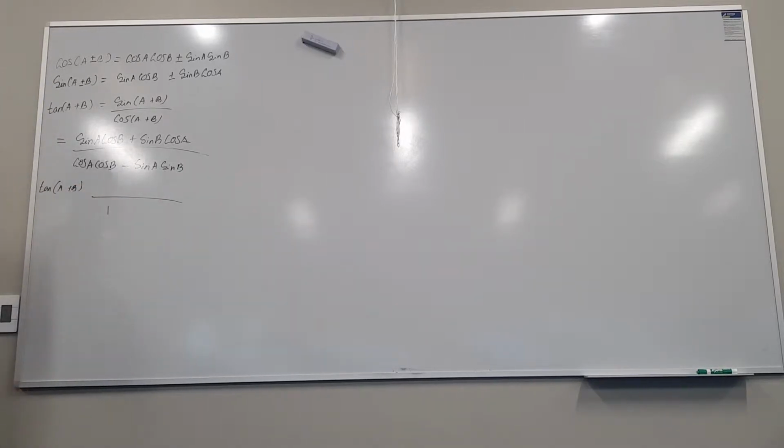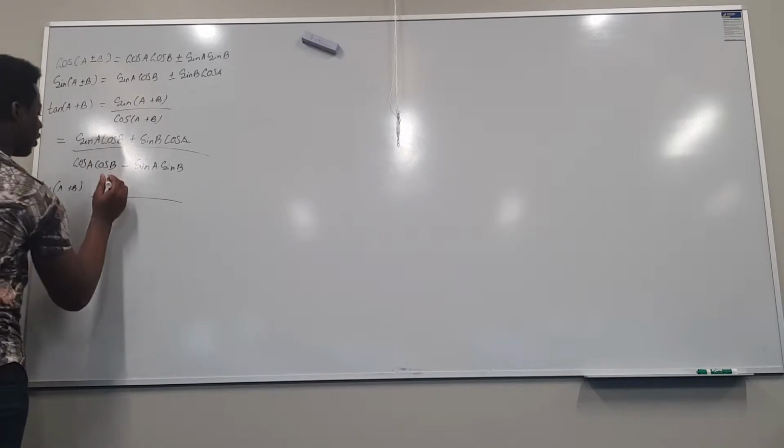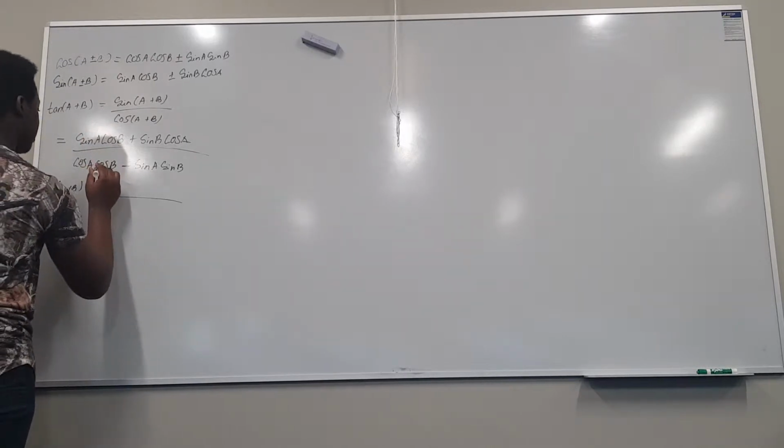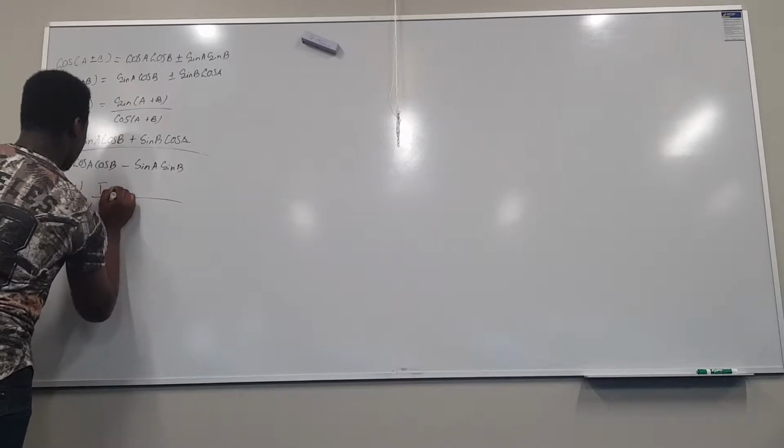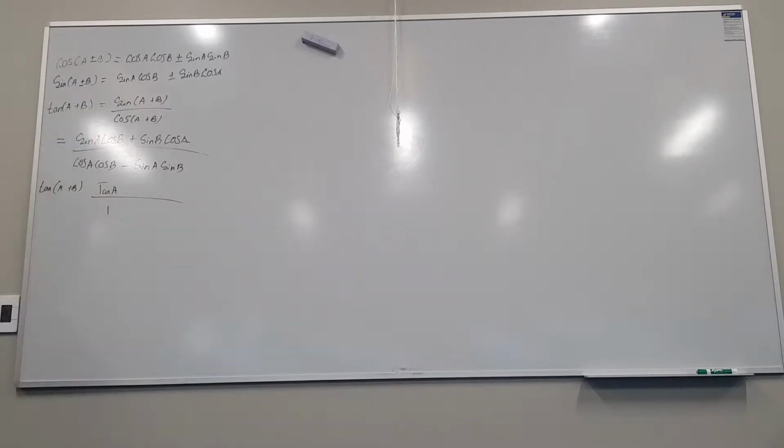So that'll be 1 times tan A, because sin A over cos A is tan A, and cos B divided by cos B is 1.